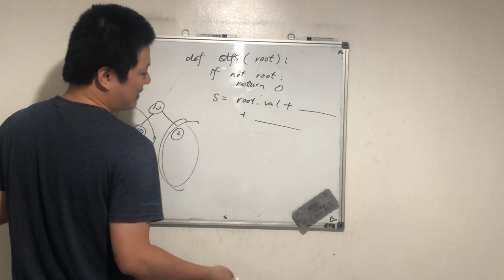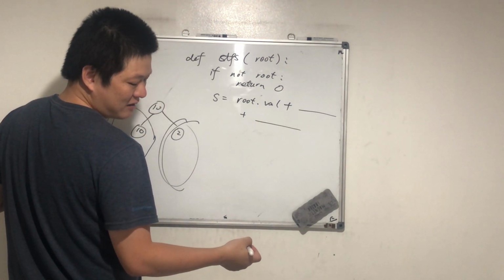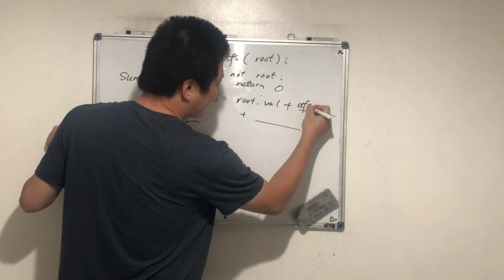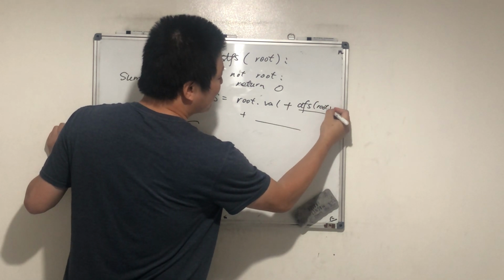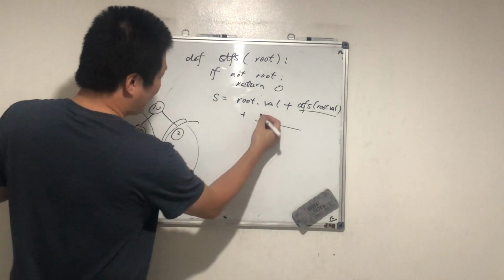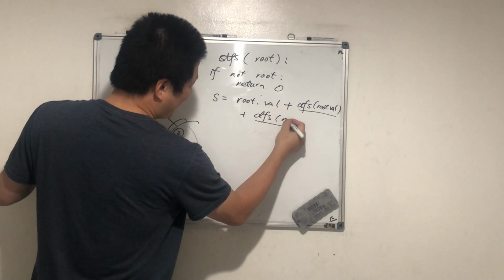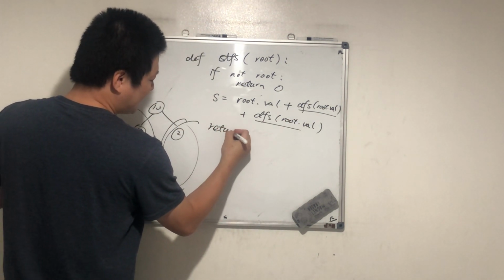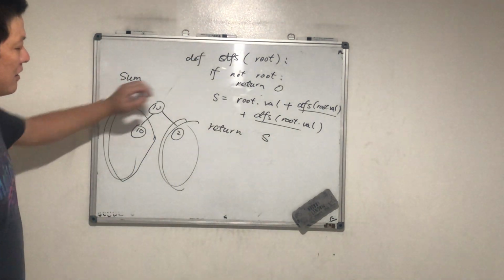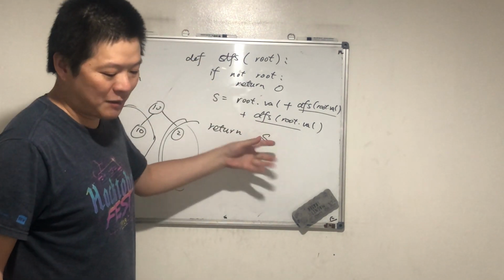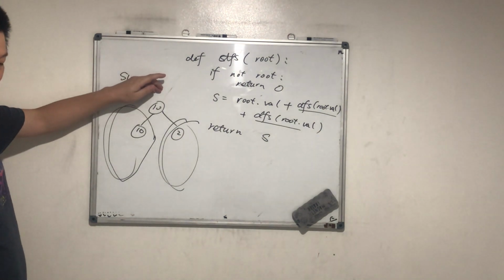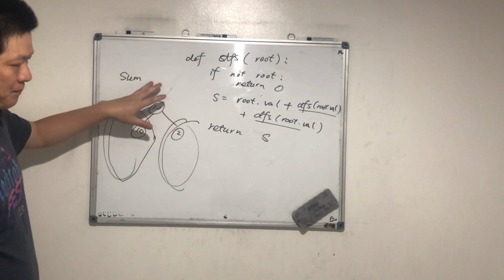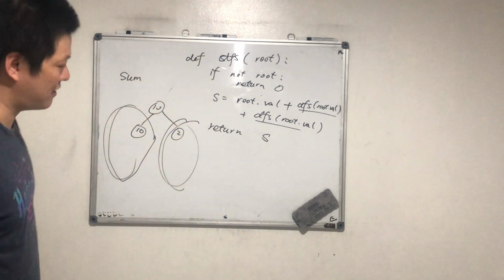Depth first search on the left, because we're calling itself to get the sum of the left tree, and then depth first search on the root's right. Then return. We have used this before to compute the sum of the binary tree using recursion, depth first search.